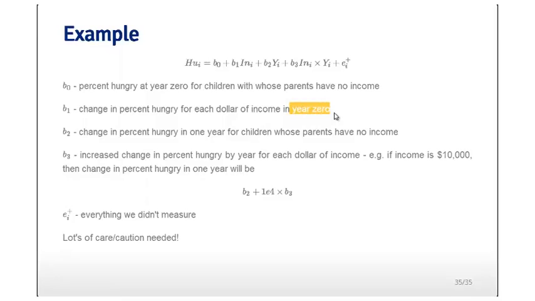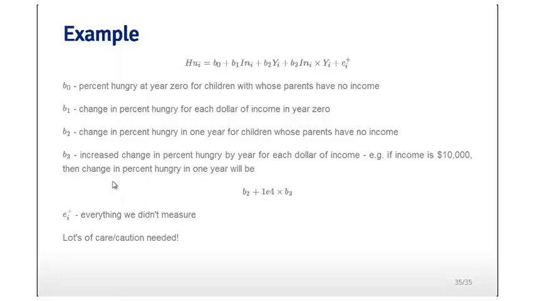If you want to interpret these, you might want to subtract from income and year a value that you actually want to interpret relative to. Maybe the baseline year, 1970, for year, and maybe average income for income. Then that would yield a beta 1 and a beta 2 that are interpretable at the level that you want. Then beta 3, our interaction term, is the increased change in percent hungry by year for each dollar of income.